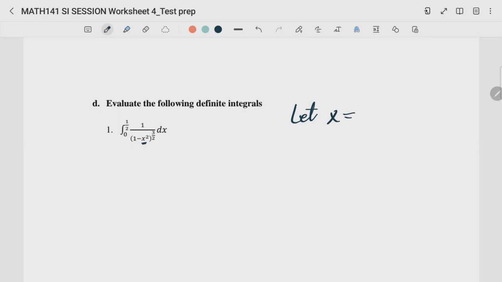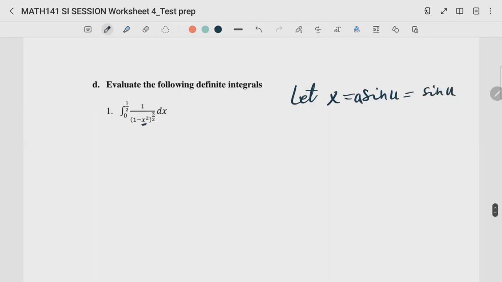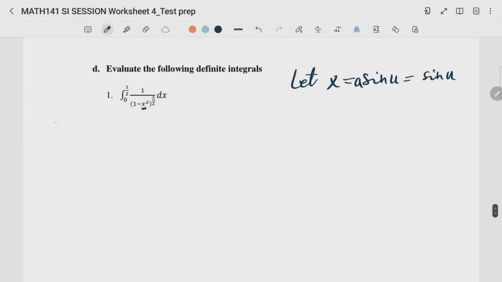Sine, and it would be a sine of u. But in our case, a is 1, so we have x equals sine of u. Now we can apply it to the integral. First we find dx, which is cos u du.